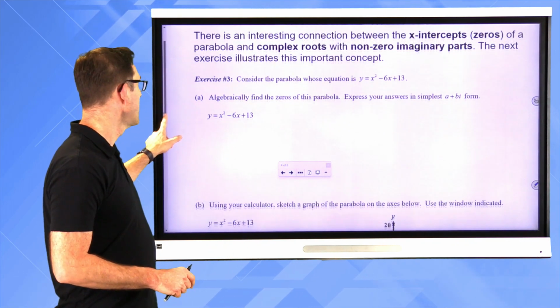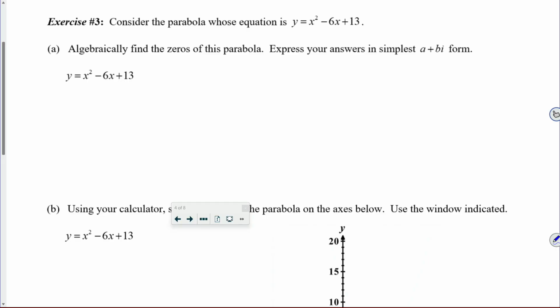Now let's take a look at number 3. Consider the parabola whose equation is y equals x squared minus 6x plus 13. Algebraically find the zeros of this parabola. Express your answers in simplest a plus bi form.